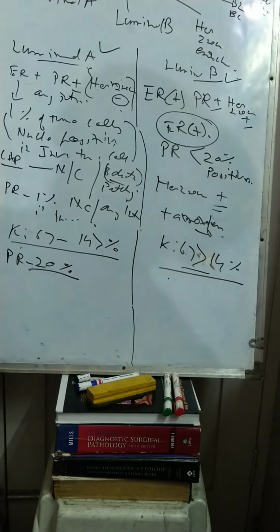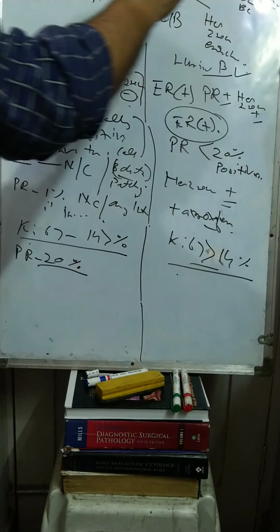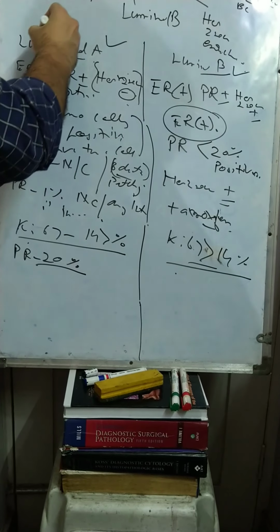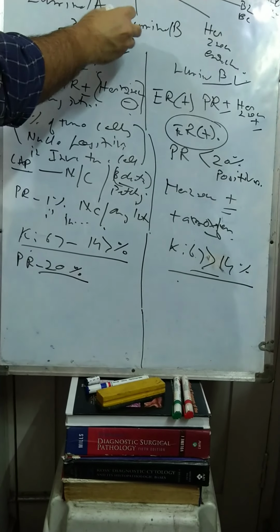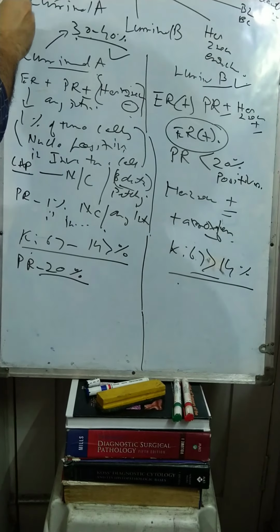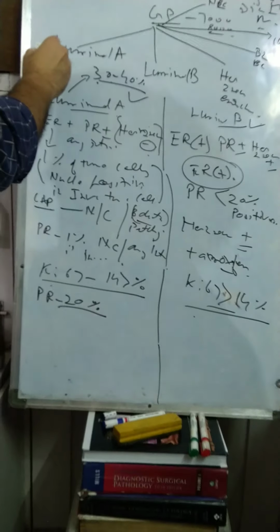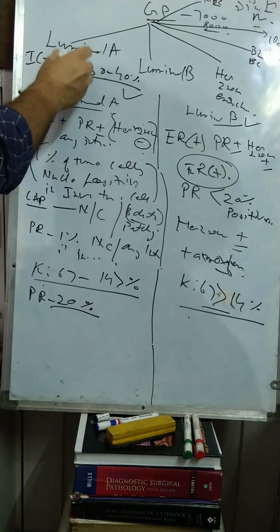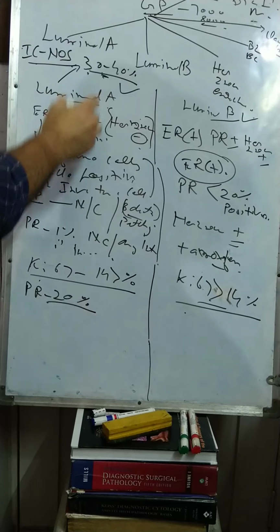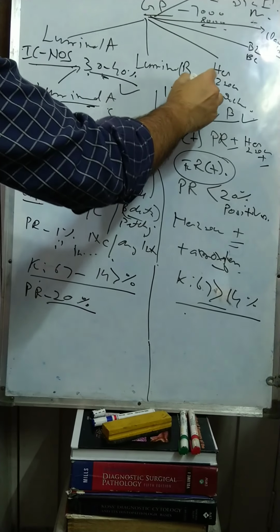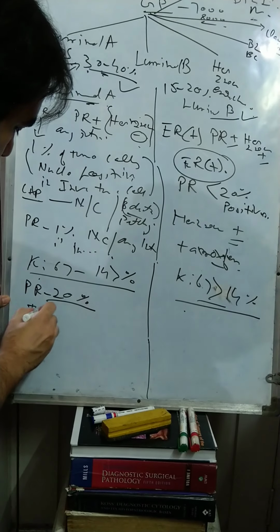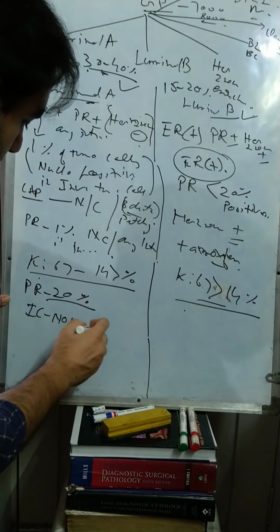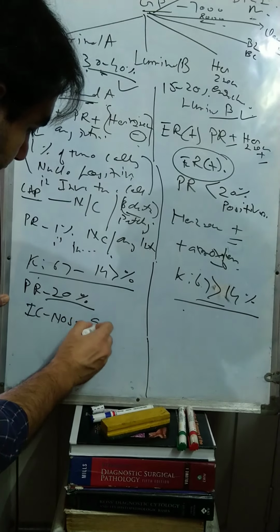So what are the histological subtypes which fall under luminal A and luminal B? Luminal A, mind you, is most common. Around 30 to 40% of all breast carcinoma, that is invasive carcinoma, no special type, will show the luminal A subtype, and 15 to 20% are luminal B. So what are the morphological subtypes? Invasive carcinoma, no special type, most commonly grade 1, well differentiated.